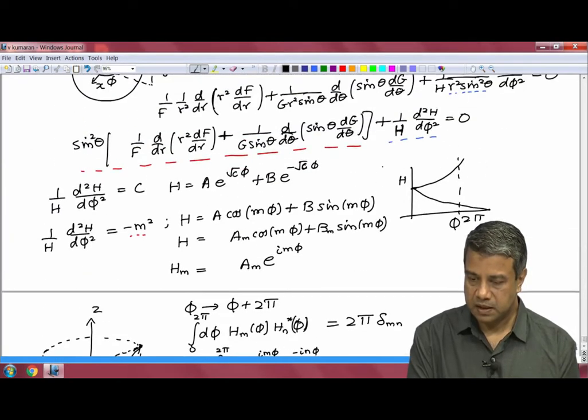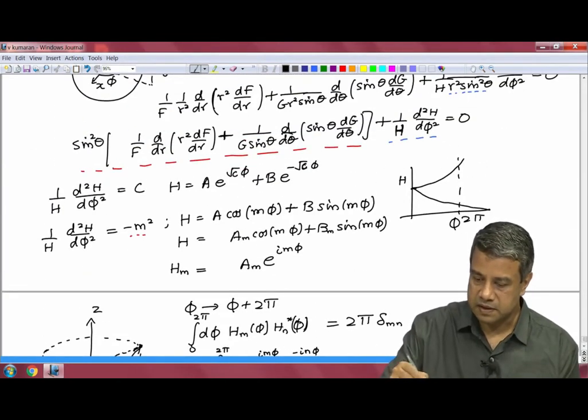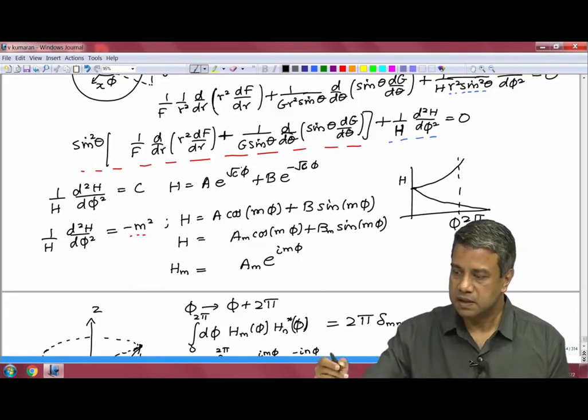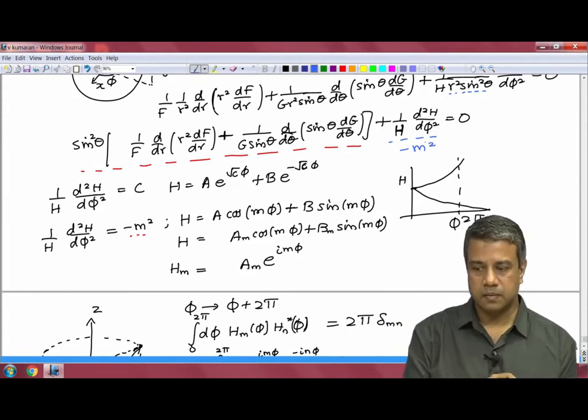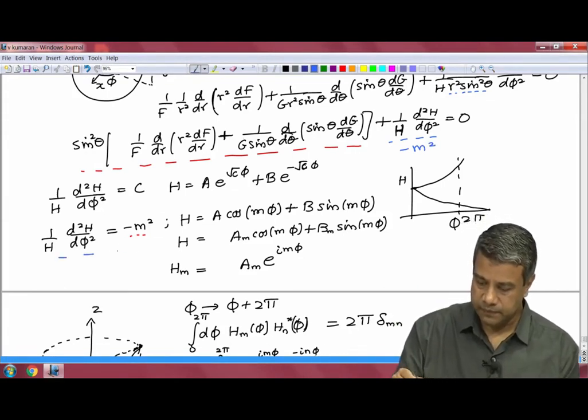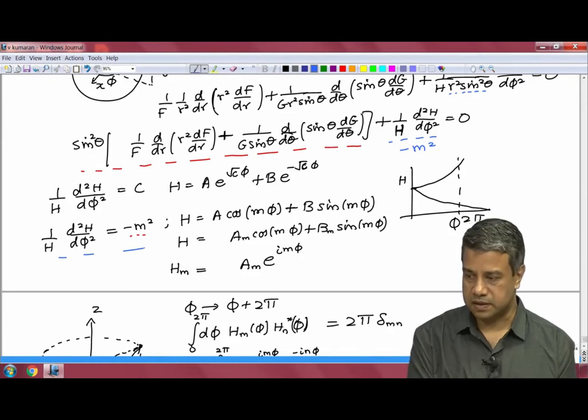Now, I have to solve the rest of this, and here I have to substitute minus m square, because of this relation.